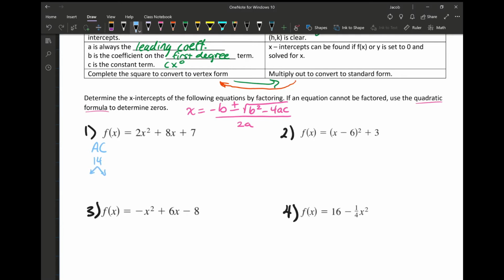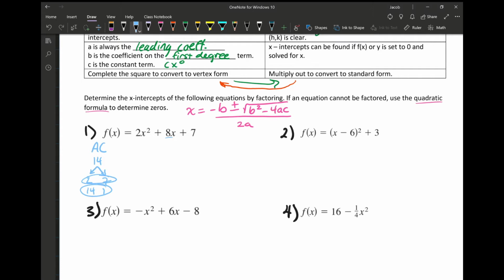Can we do that? We've got 2 and 7, and we also have 14 and 1. And we cannot get 8 from that. There's no way we can add 2 and 7 or subtract 2 and 7 from each other, or 14 and 1, or any combination within these two sets, so that we get 8 as our middle coefficient, b.